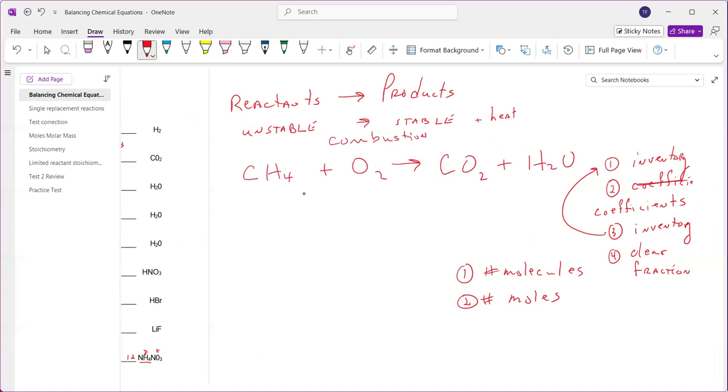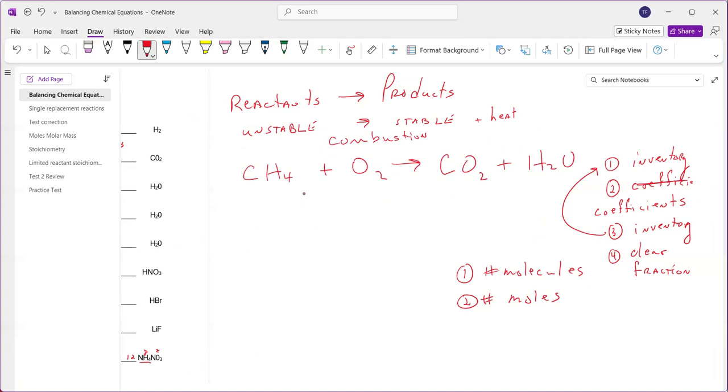A very common reaction in our world. Now, the official definition of combustion is you have a fuel, in this case it's methane, and an oxidizer, in this case it's oxygen. Because on rockets, they don't usually use oxygen, they use something else to achieve combustion.